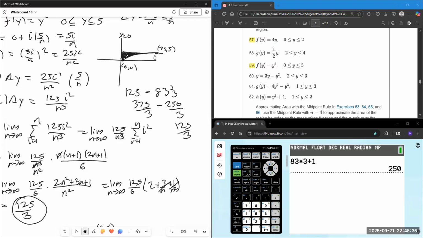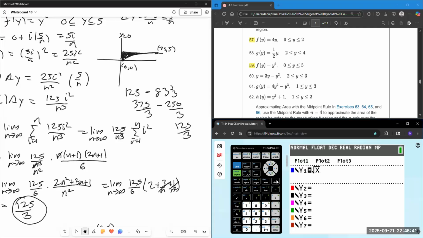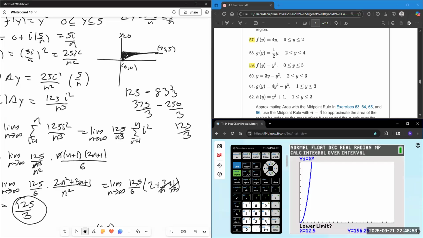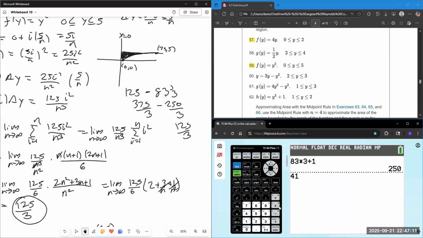So if I just said f of x is equal to x squared, and I wanted to find the area under the curve from 0 to 5, then I'll get 41 2/3, which is, 41 times 3 plus 2, 125/3, my exact answer.